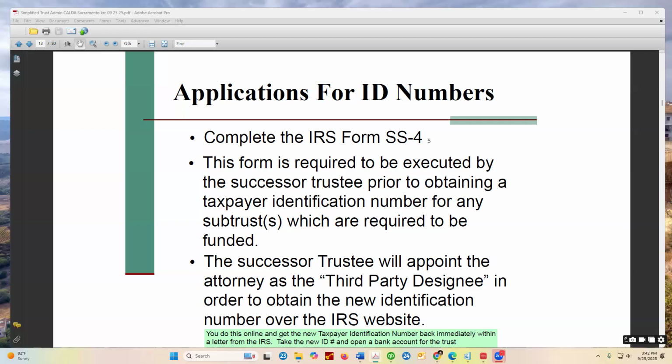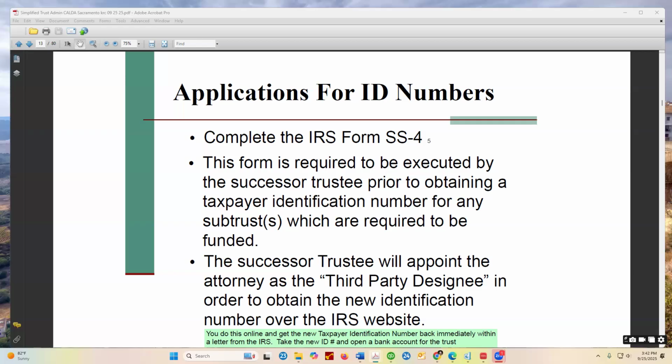When that happens, you have two different ID numbers, and you need to file two tax returns unless you make what's called a 645 election, which allows the income from both ID numbers and both entities to be reported on one tax return.